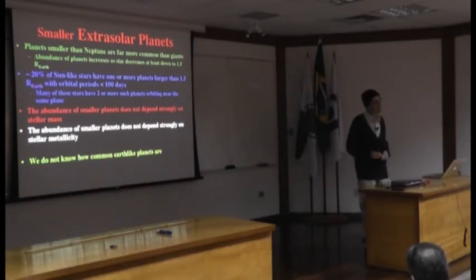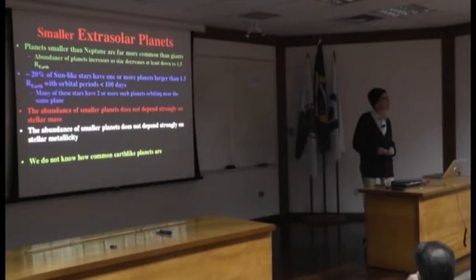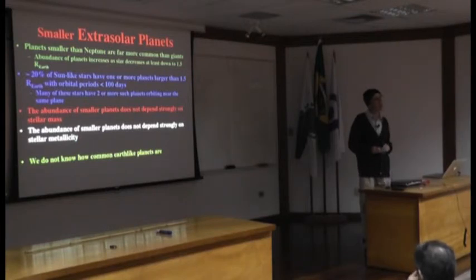The closest one is about 1.4 Earth radii around a star a little bit smaller than the sun, called Kepler-62, and that planet is Kepler-62f.